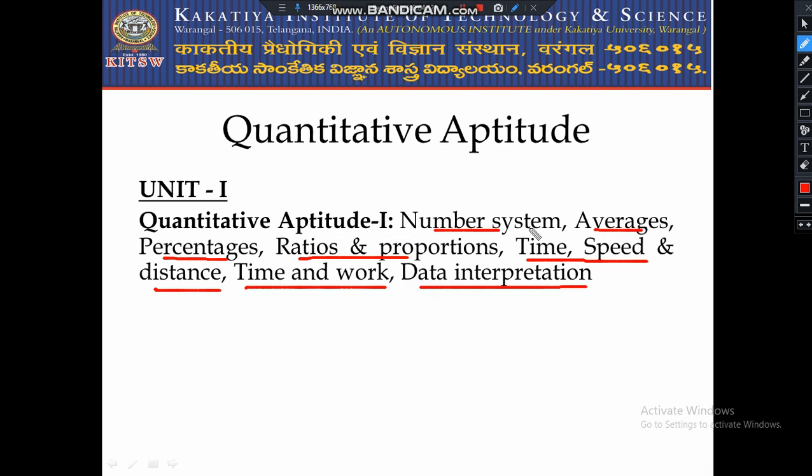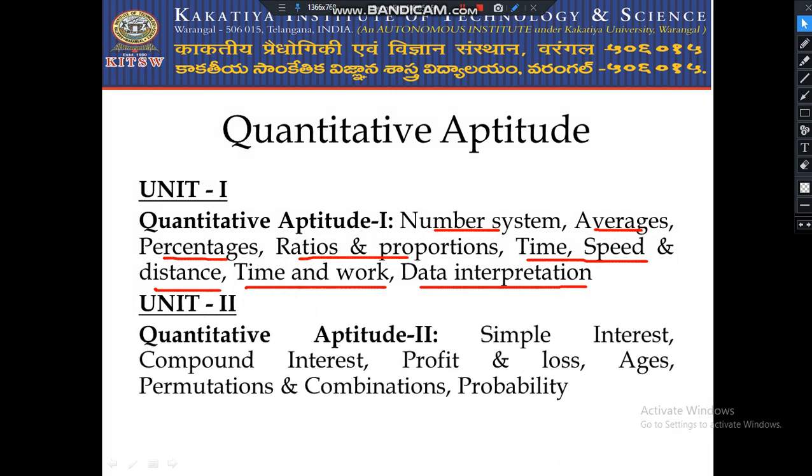You can see these are very basic math applications or skills which any engineer must have. This subject is an attempt to understand how to quantify knowing these parameters.